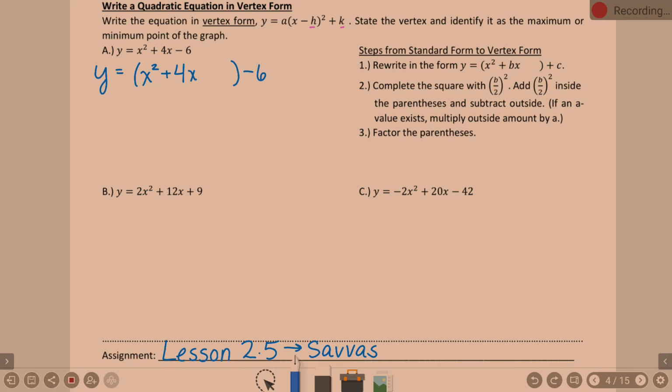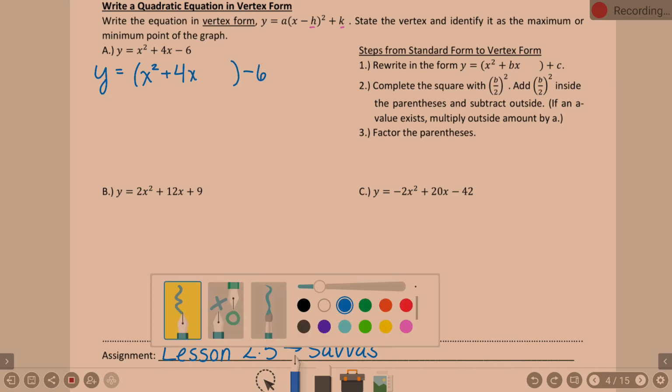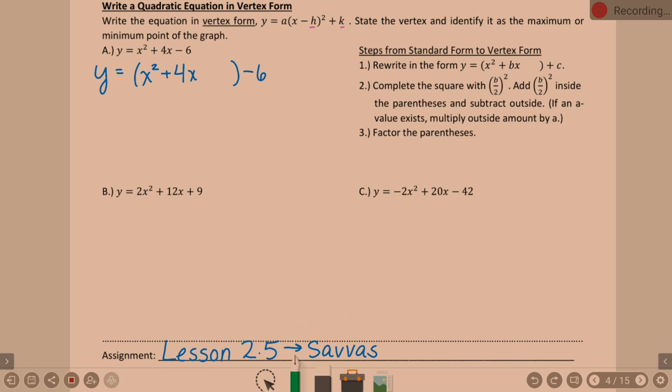Step 2 is, again, complete the square with b over 2 squared. So we're still going to do that b over 2 squared. The twist is going to be what we do with it. We're going to add it inside the parentheses, and we're going to subtract it outside the parentheses. So that's our twist there. Now, let's take a moment and figure out what our value is. What is my b value?